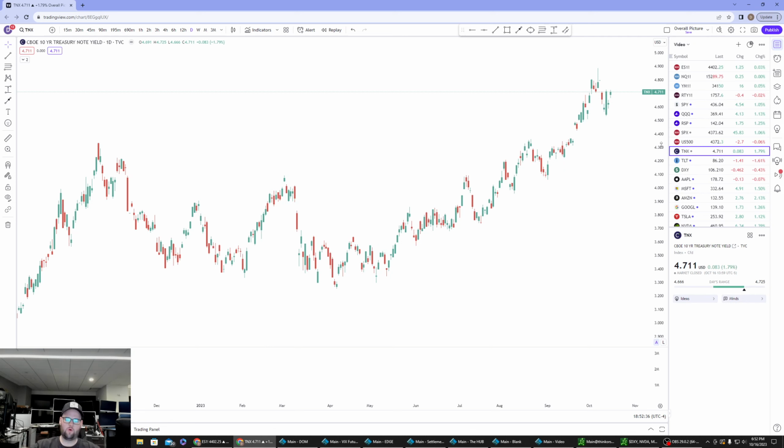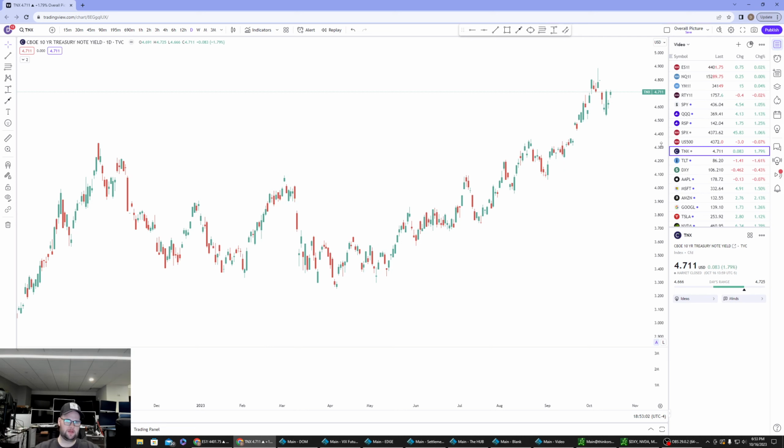Okay, so the higher oil goes, the higher this TNX will likely go because inflation is rising higher. Okay, so this also implies that the Fed may have more rate hikes as well. Okay, and higher yields also imply that there could be banking stresses as well.